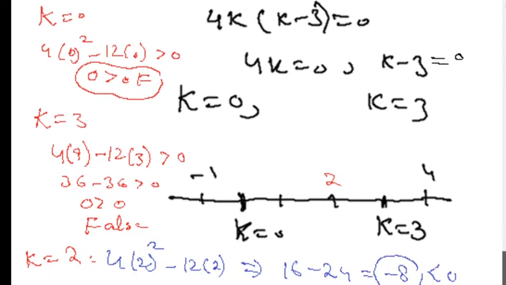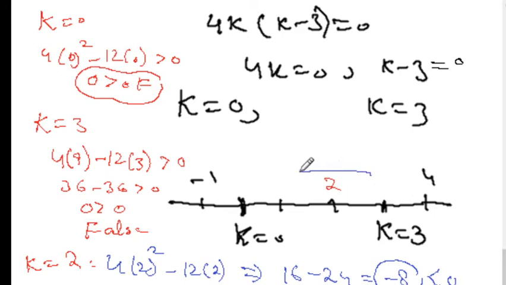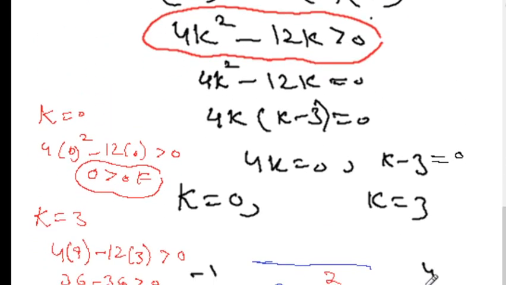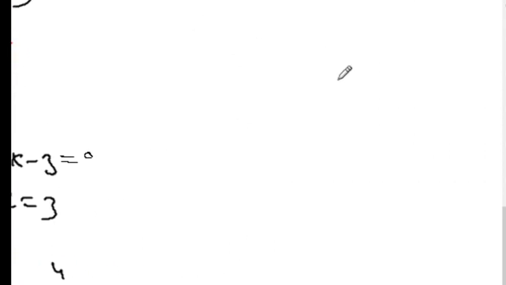Now it means even in this area, if I'm taking the value of k as 1, I checked 2, you can check 1 with your calculator. That will also give a result which is not greater than 0, and we want greater than 0. So what if I check this value 4? Let me check 4. 4k square minus 12k, the result should be greater than 0.